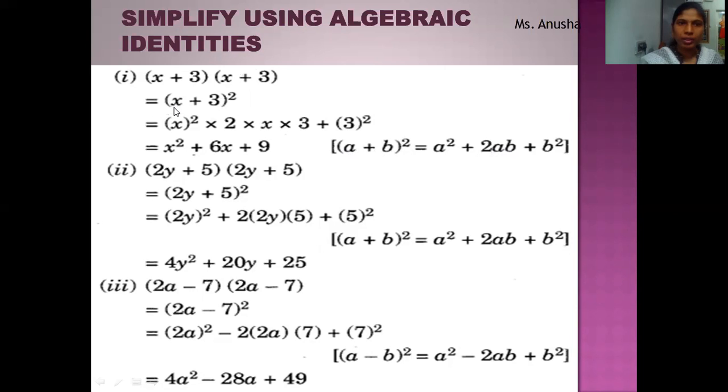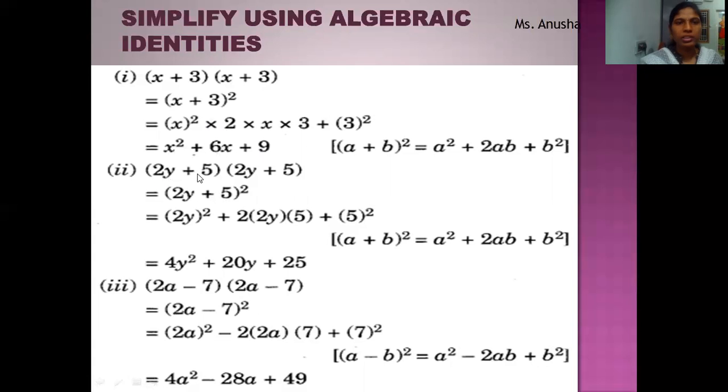So here using that formula, x square plus 2 into x into 3 plus 3 square. In place of a, you have to put x, and in place of b, you have to put 3. Applying that formula, finally you will get x square plus 6x plus 9.